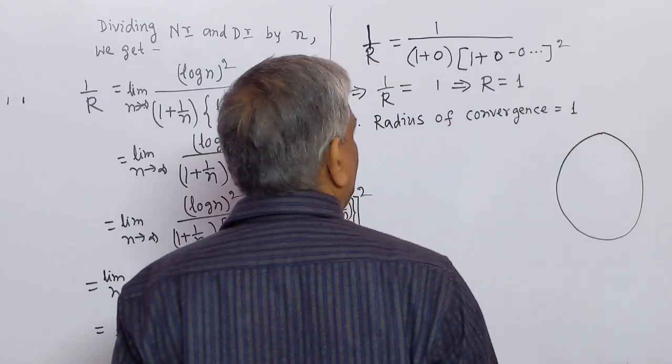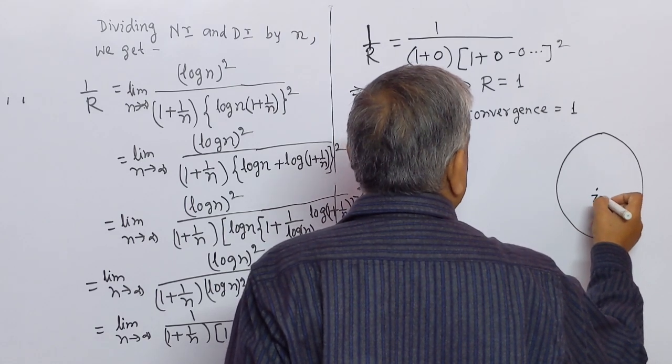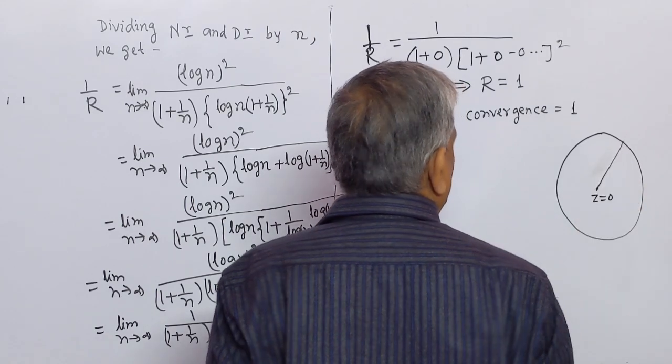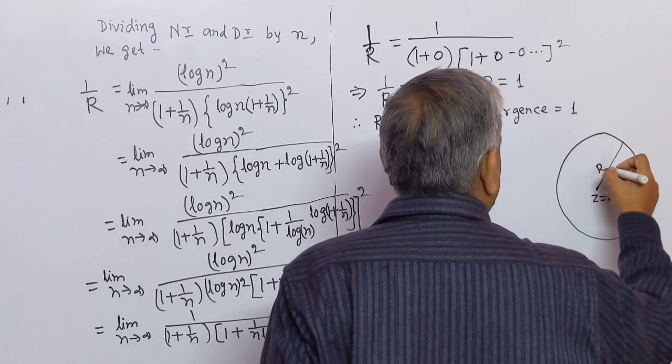This is a circle whose center is z equal to 0 and radius of convergence r equal to 1.